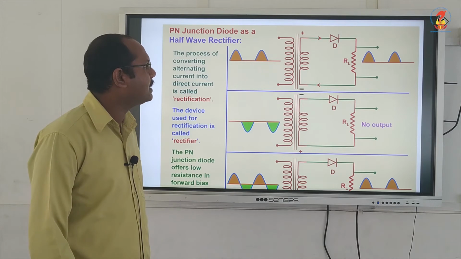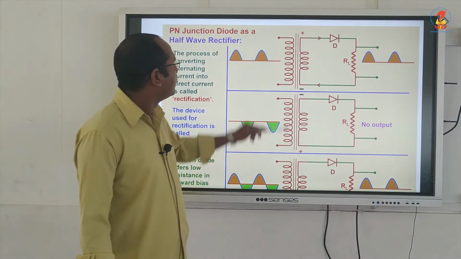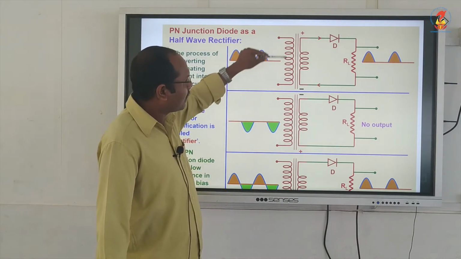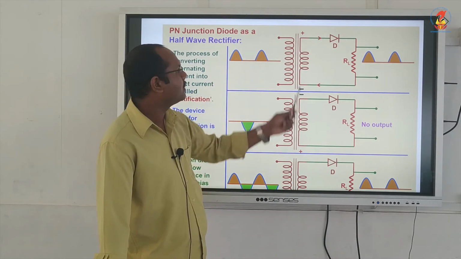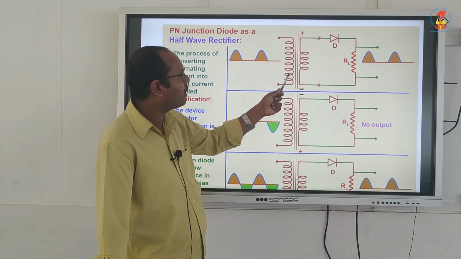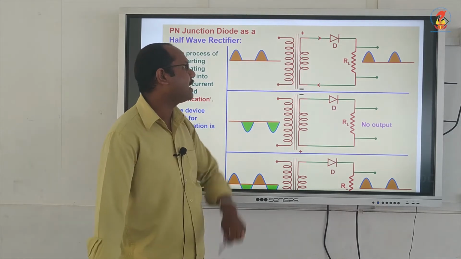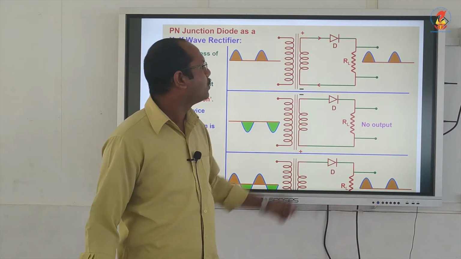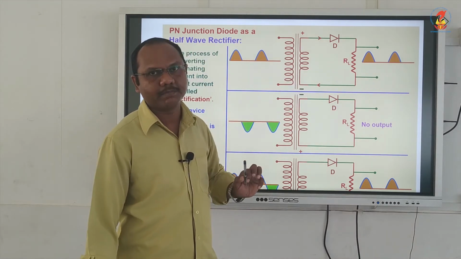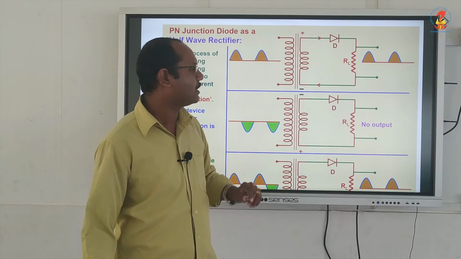So let us see the circuit diagram. This is the primary of a transformer and this one is the secondary of a transformer. You can see the primary has more turns and the secondary has fewer turns, so this is a step down transformer.